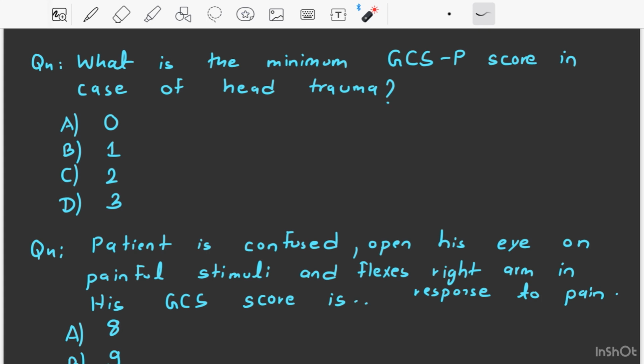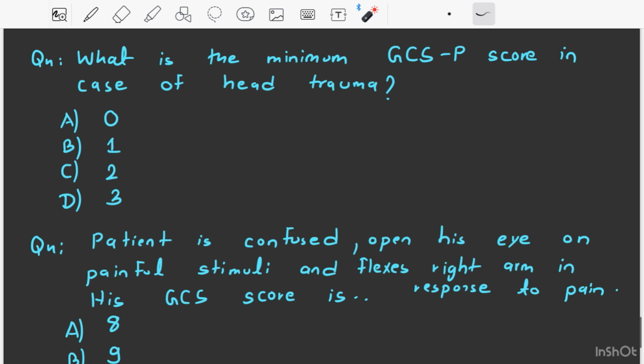What is the minimum GCS P score in case of head trauma? The answer is 1. Some of you may be confused with the GCS score and the GCS P score.